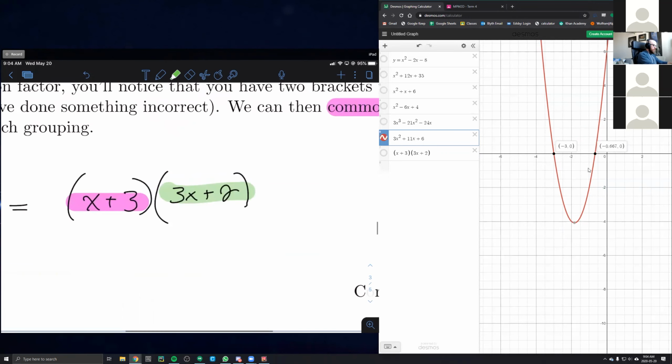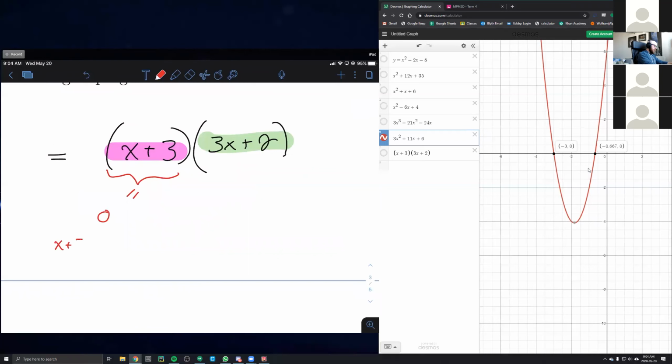So that comes from setting each of these terms equal to 0. If we set each bracket here equal to 0, so x plus 3 equals 0, if we move the 3 over to the other side, we get x is equal to -3.